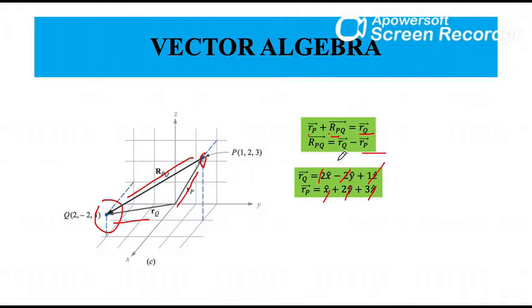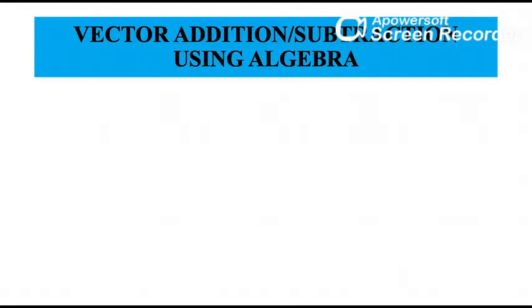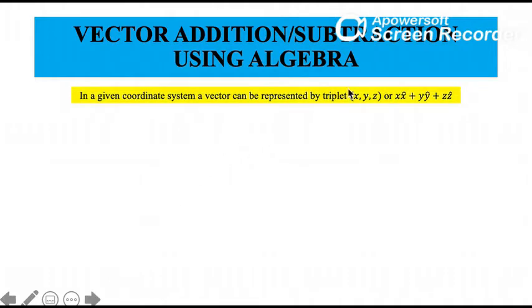Now if I subtract r_p from r_q, I am going to get capital R_pq. How do I subtract that? In a given coordinate system, a vector is represented by 3 points x, y, and z, or x into x hat plus y into y hat plus z into z hat.